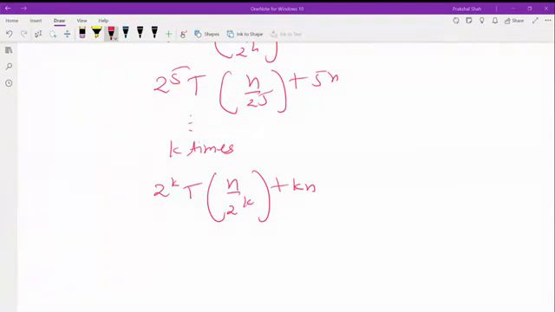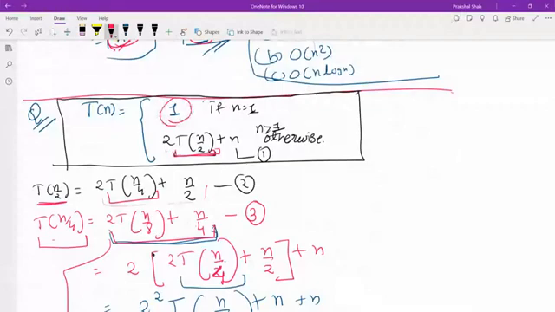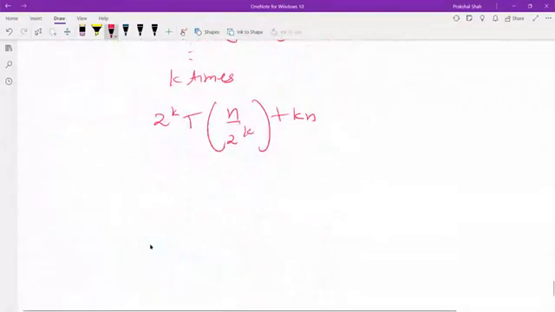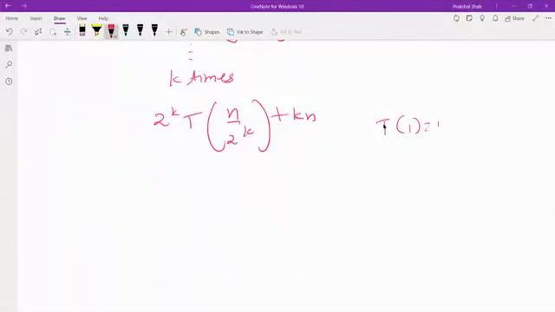And you know that in the question it is given that when n equals 1, your answer is 1. So can I simply put T(1) = 1 here? Now your task is to eliminate this term. Remember, whenever we are coming to a saturation point, our main goal is to omit this particular term.